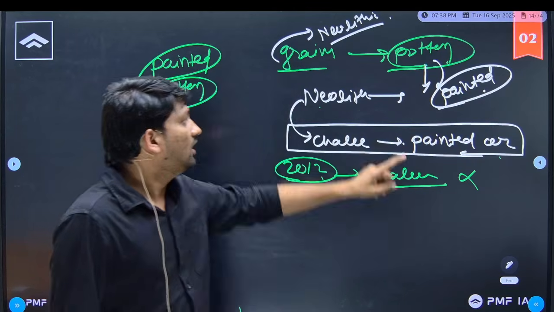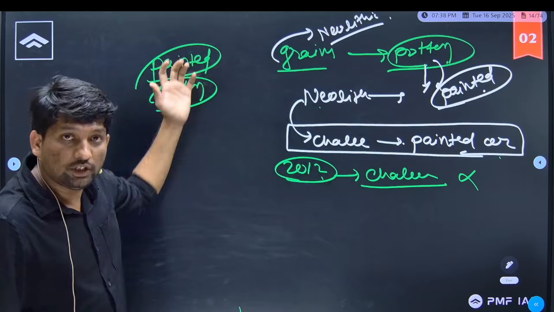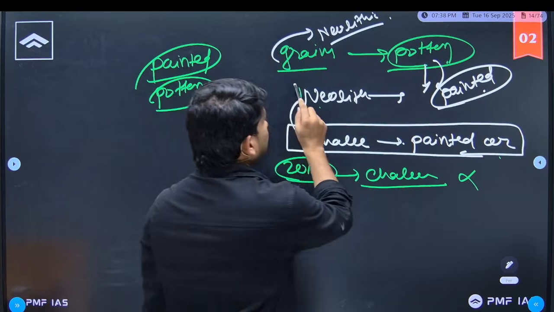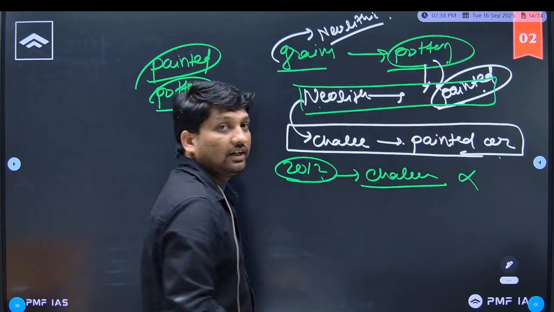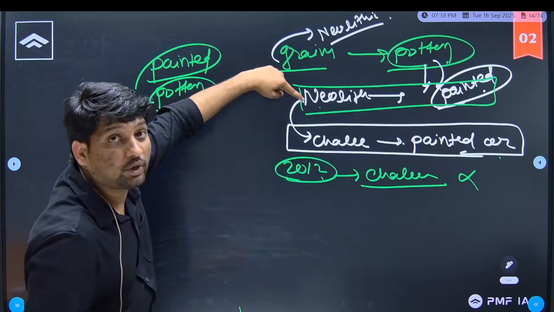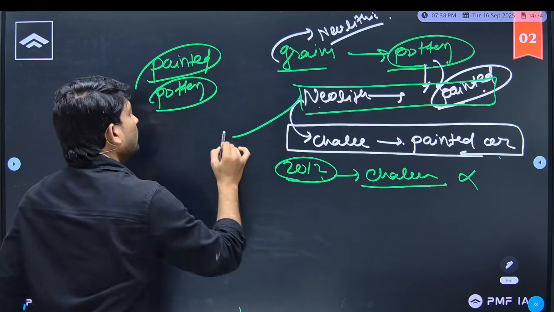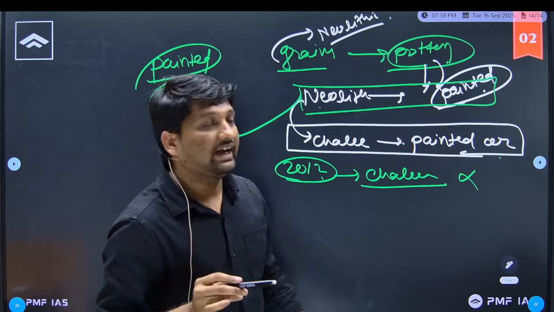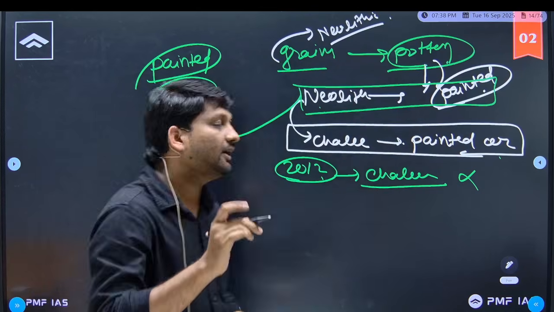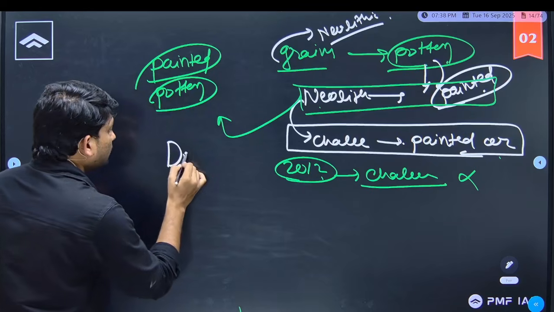But remember, not the Chalcolithic. Even during the Neolithic phase, people started using painted pottery. But these painted potteries increased in number during the Chalcolithic phase, and this painted ceramic or painted pottery was a distinguishing feature.